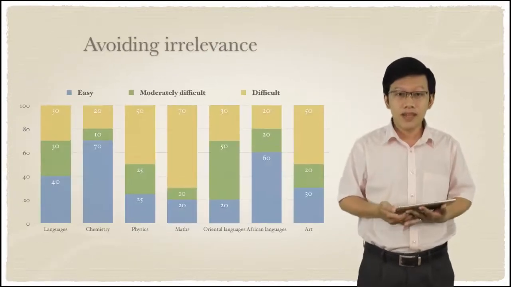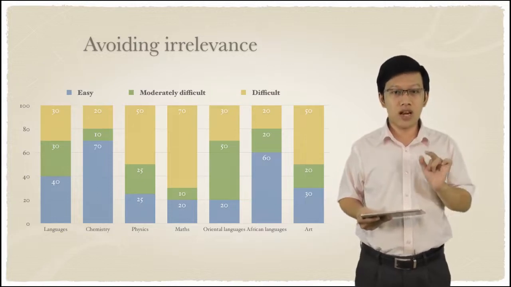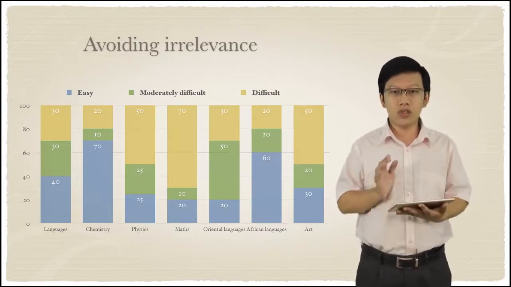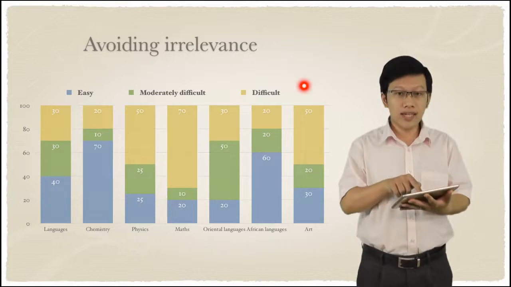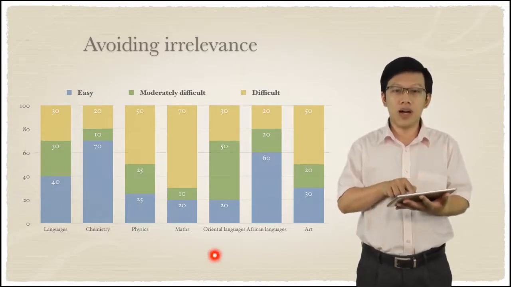Alright? Now, the next thing that we're going to talk about is relevance and irrelevance. This is important. First, I want you to spend 30 seconds. Look at the bar chart right here and study it for a while. What does it talk about?